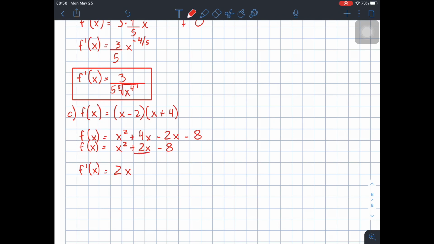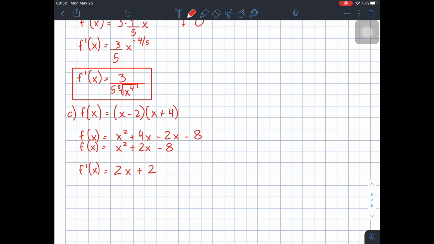And how do I differentiate the next term, 2x? You see that this is to the power of 1, right? If I take the 1 multiplying down here, it's 2 times 1, which is 2. And this x becomes x to the power of 0, right? 1 minus 1 is 0.